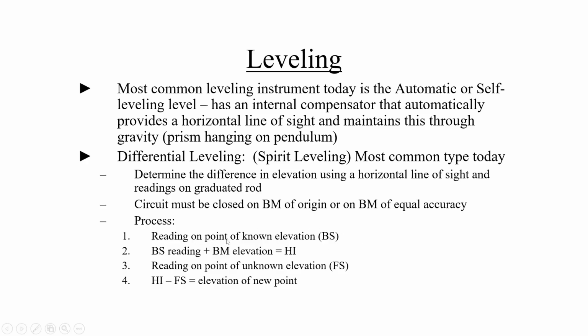First, a reading on a point of known elevation, the BS reading plus the BM elevation gives HI. Then a reading on a point of unknown elevation, FS, and HI minus FS is equal to the elevation of the new point.